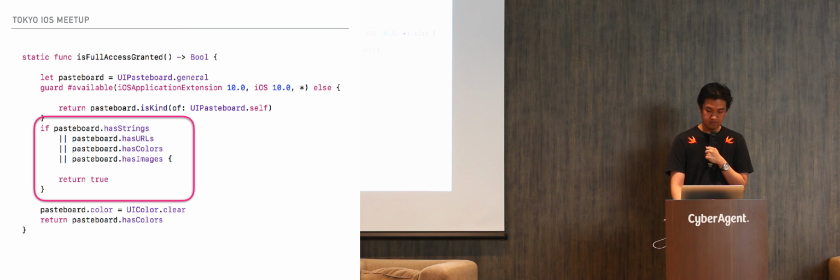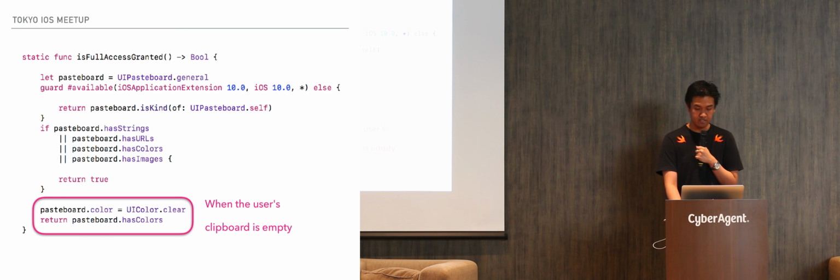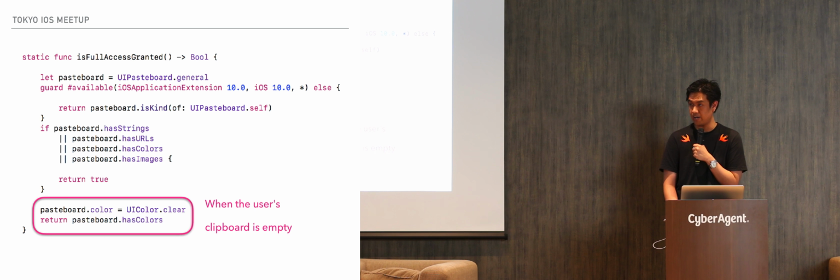If the user didn't copy anything, you just put something in and then read it. If you can't read it, then that means the user didn't grant any access yet. Personally, I prefer assigning a color instead of text or images because it's less likely that a user is copying and pasting colors between apps.